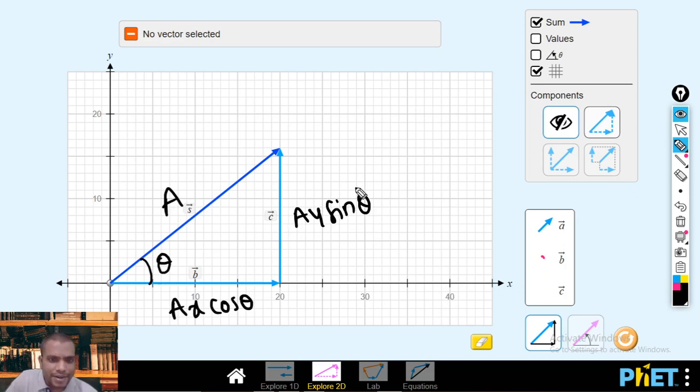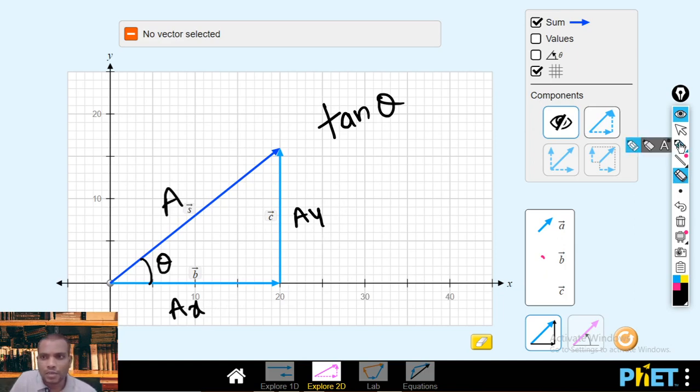Now from the same right triangle you can give the value of tan theta. So what is tan theta you can write? If ax is a component and ay is a component, tan theta equal to perpendicular by base.